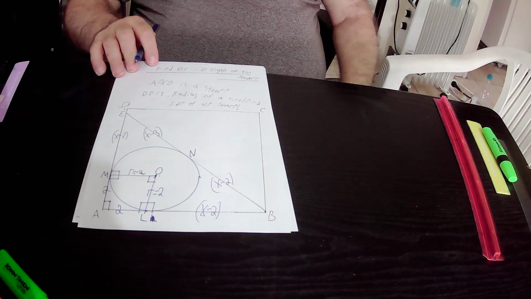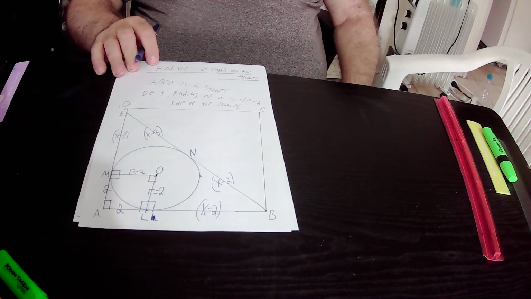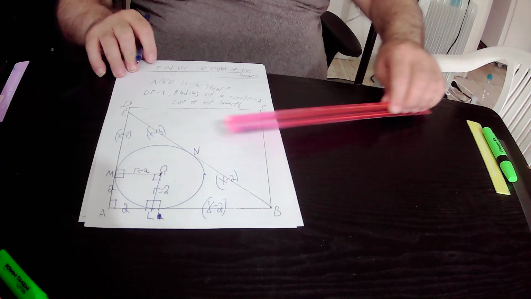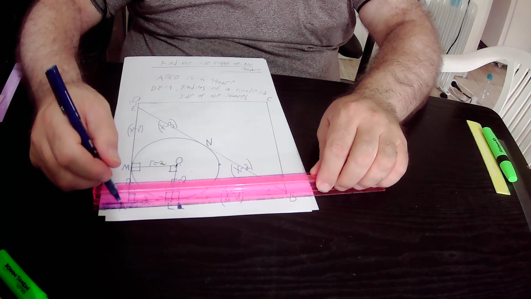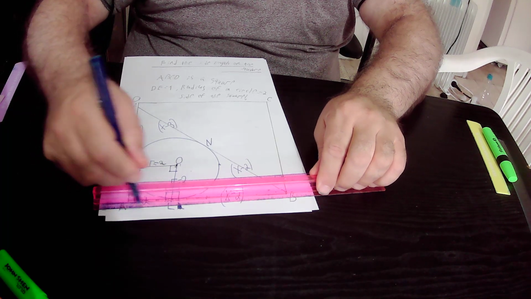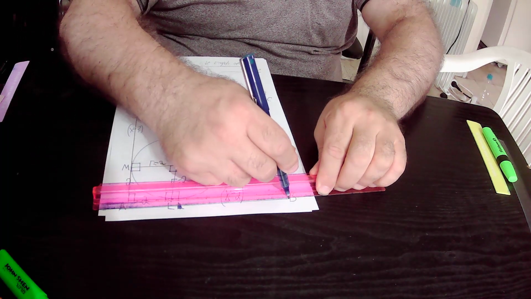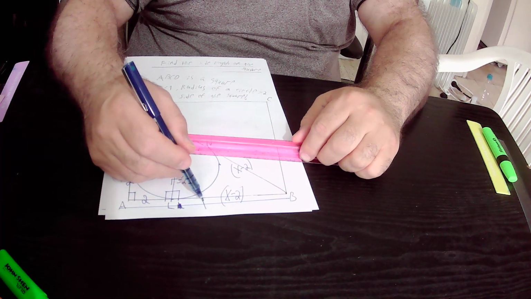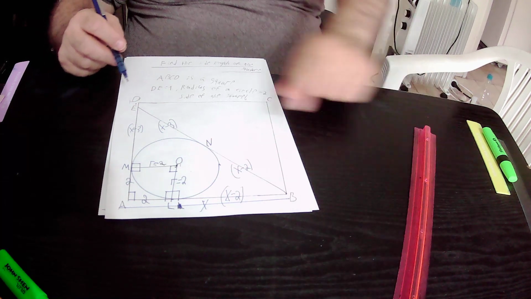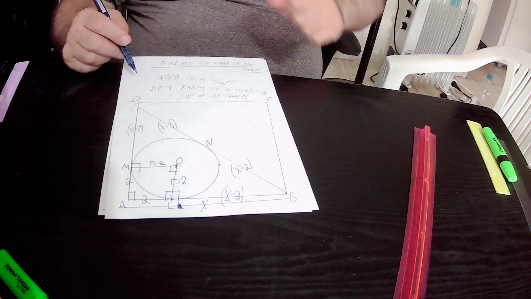According to our definition, side AB equals x. Okay, AB equals x according to our definition.